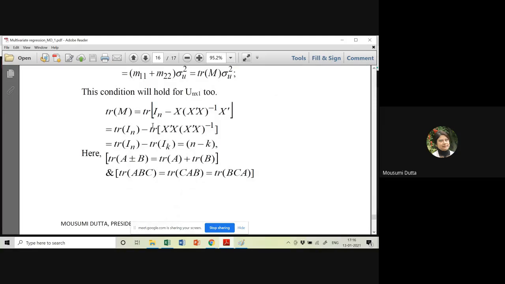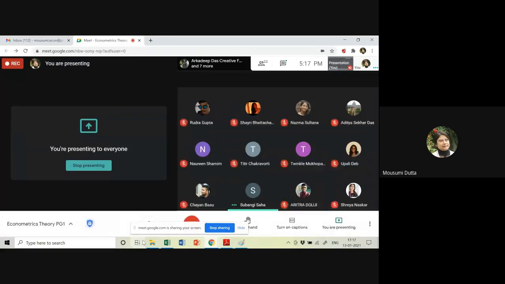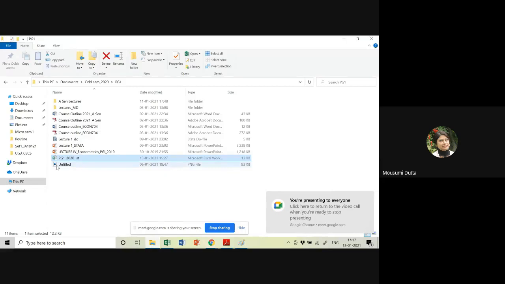There are several properties of trace. Trace of A plus or minus B is equal to trace A plus or minus trace B. So let's look at the note on algebra.